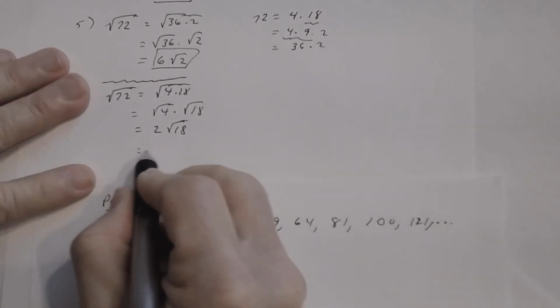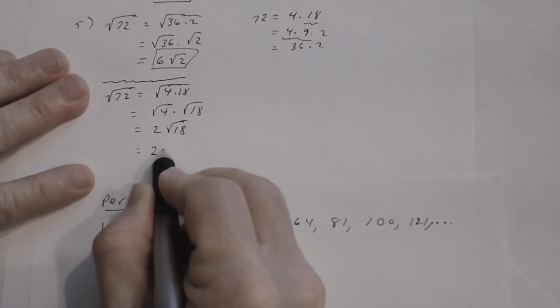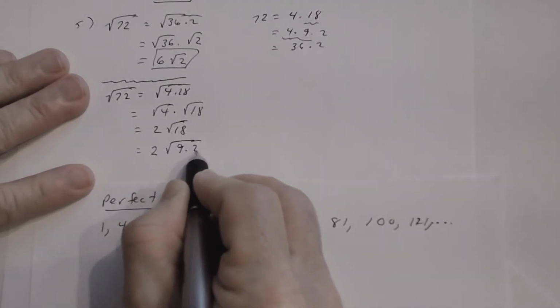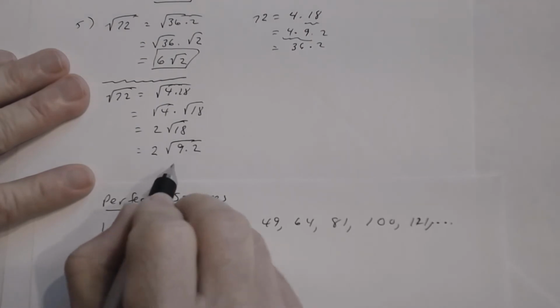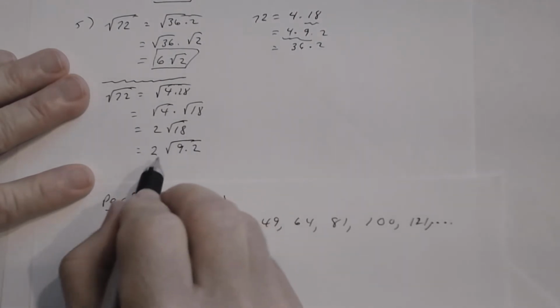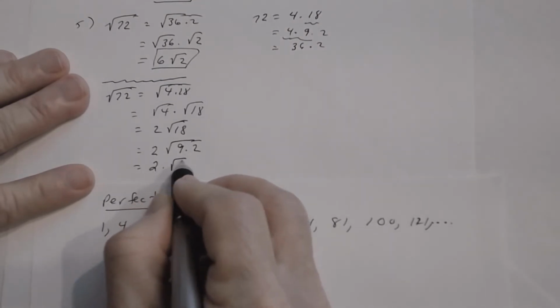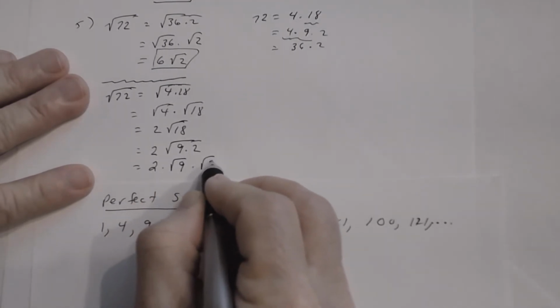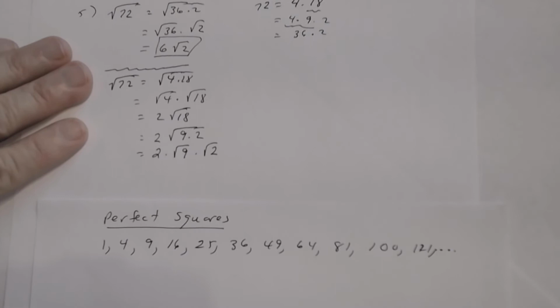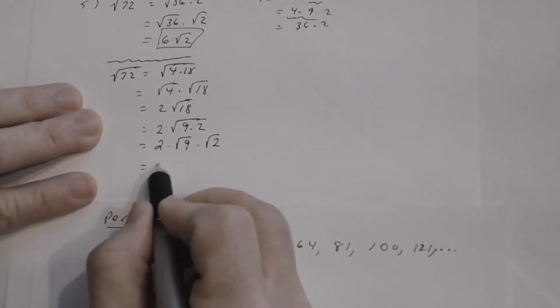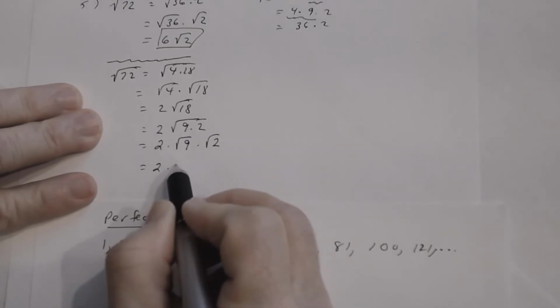So that means then, all right, I'm going to have to write this as 2 now times the square root of 9 times 2. And so now I have to use the product rule on this again. So this becomes 2 times the square root of 9 times the square root of 2, right? And so since 9 is a perfect square, this becomes 2, and the square root of 9 is 3.